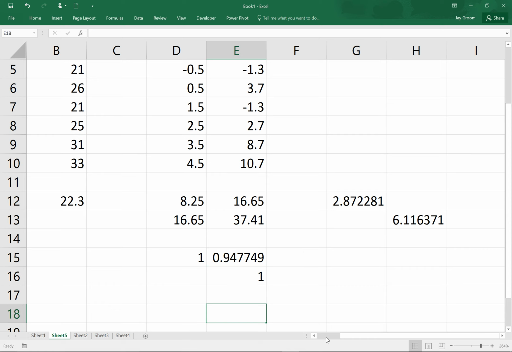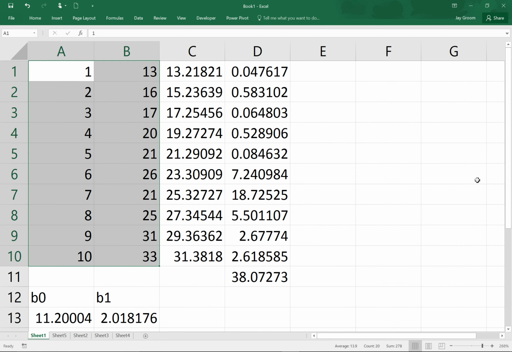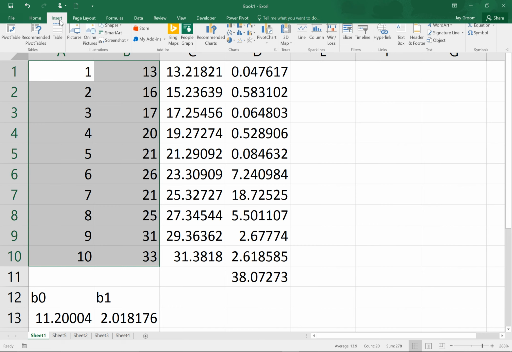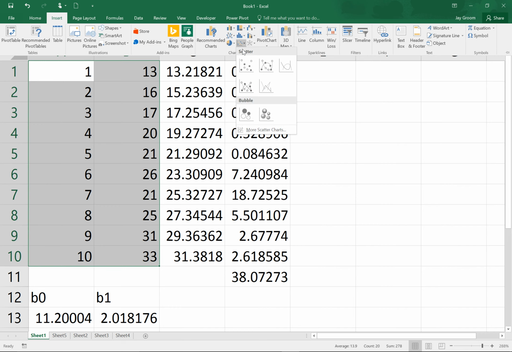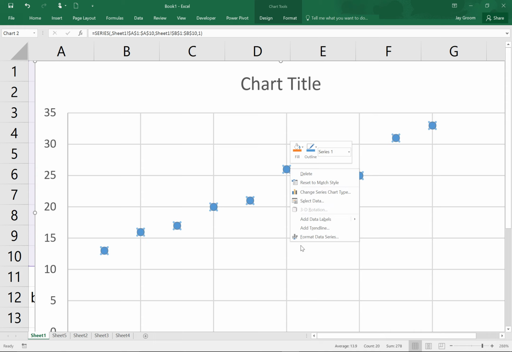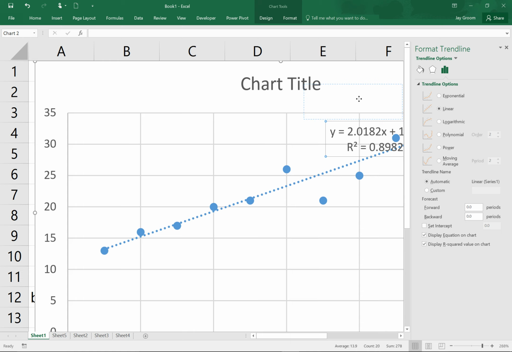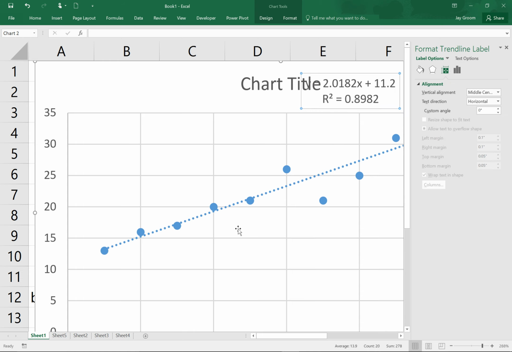Now, if you go back to our original problem over here, we found our, maybe we did, I swear I did it, but I don't see it right now. Let's go find that graph again. And we did a linear fit, which is the default, and display r squared. You see, oh wait, Jay, it's 0.898. I know it is, bro. Relax, I got you.